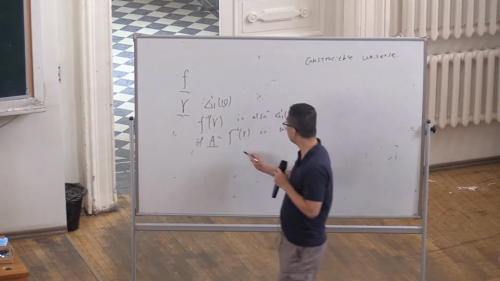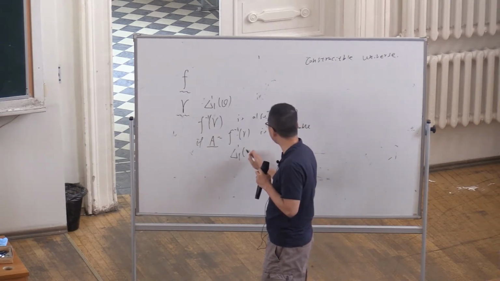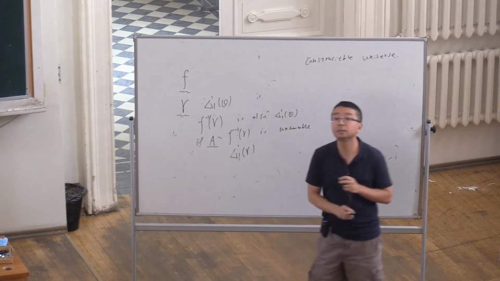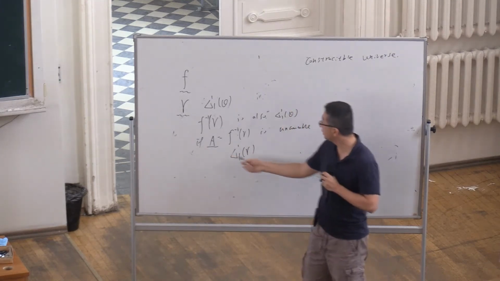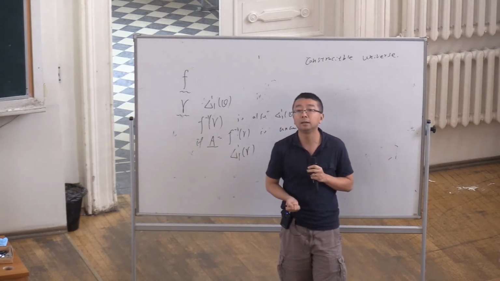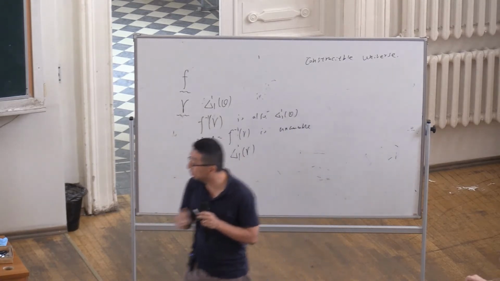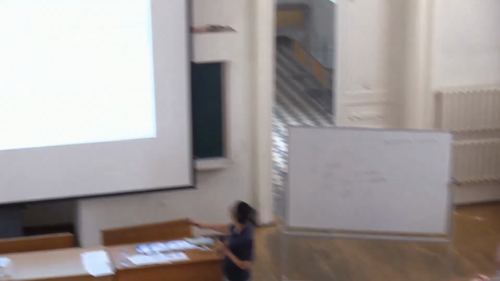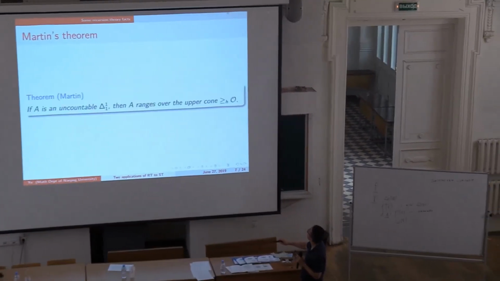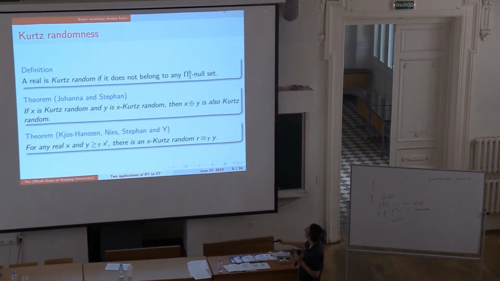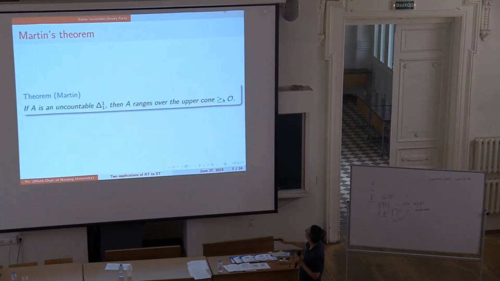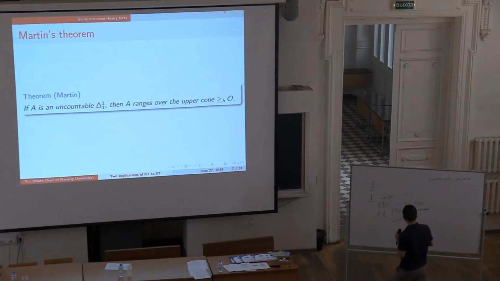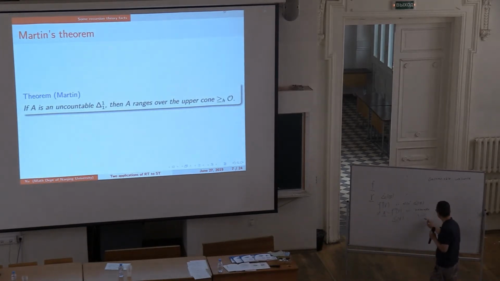It is Δ¹₁ in R, because f is a recursive function. And then we can relativize Martin's result: if it's uncountable, then it ranges over the upper cone of Δ¹₁ degrees. So A must range over the upper cone of Δ¹₁ degrees.